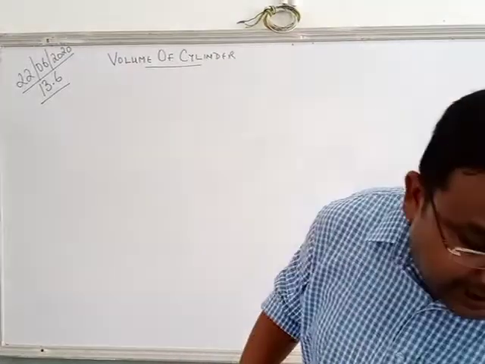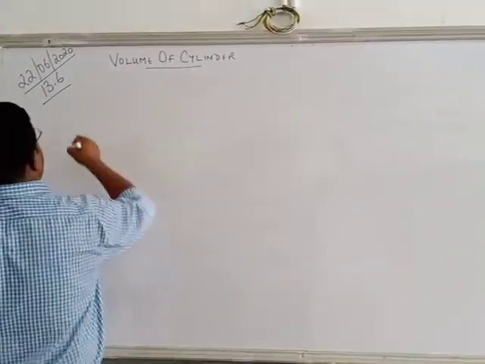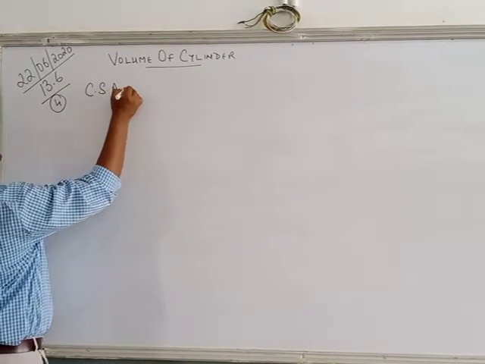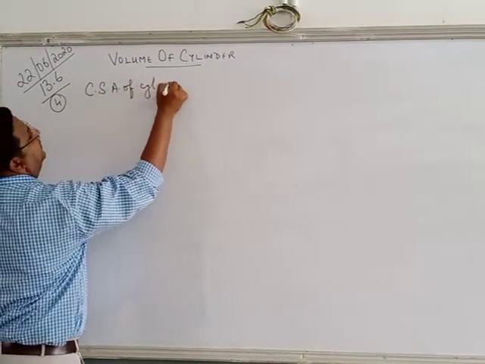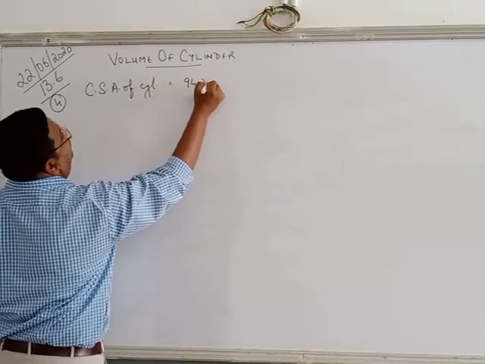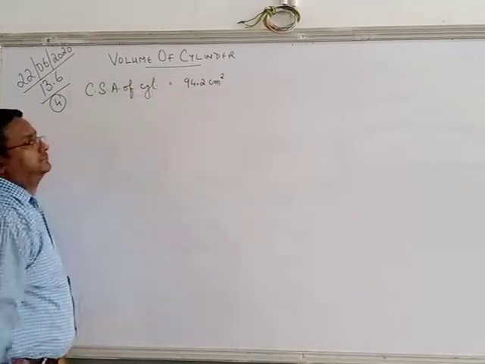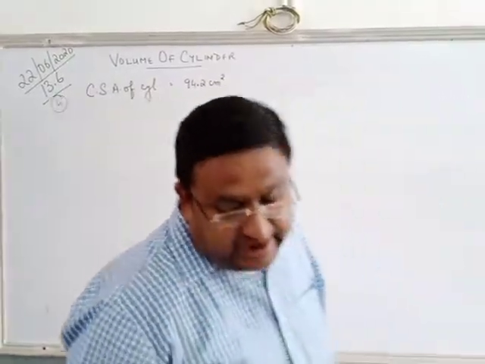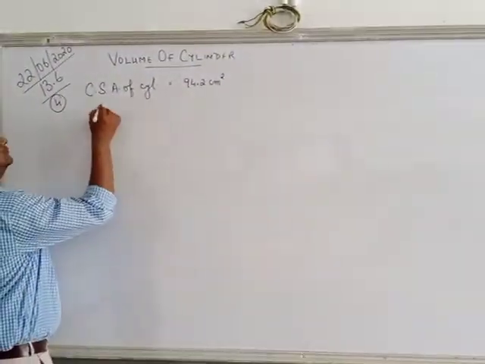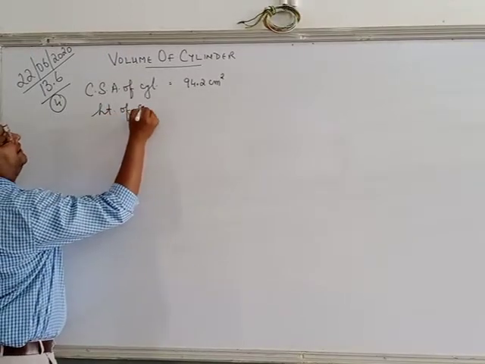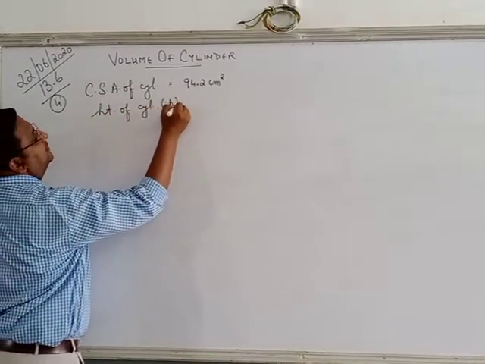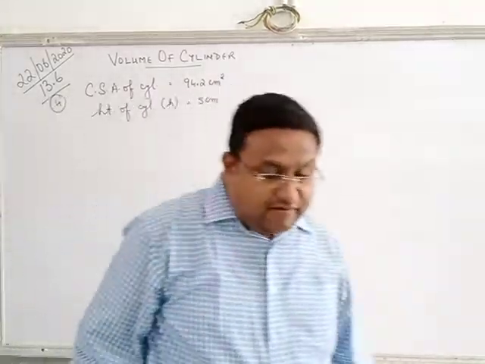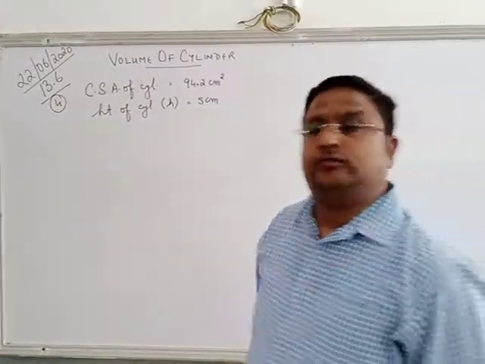Question number 4: curved surface area of cylinder is equal to 94.2 centimeters square. Then he says its height is 5 centimeter. Height of cylinder h is equal to 5 centimeter. Question says find the radius and its volume.